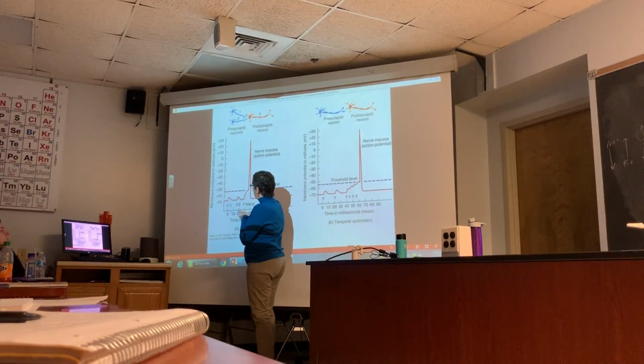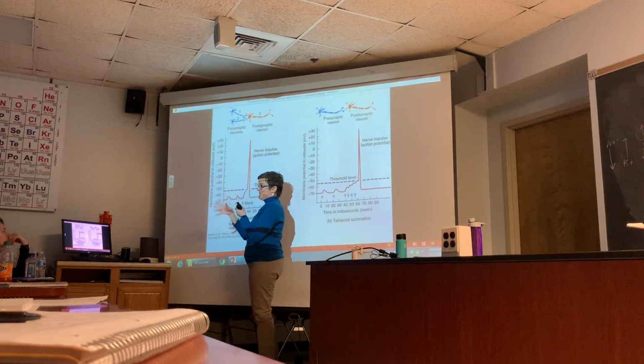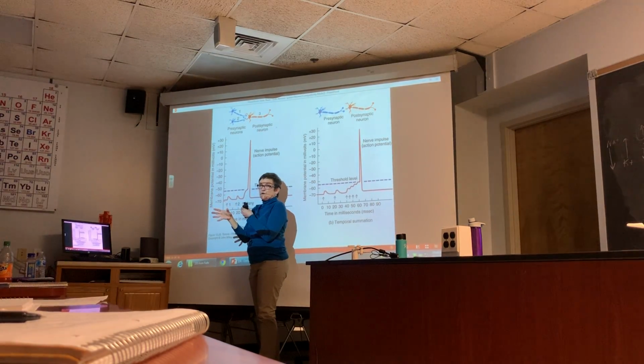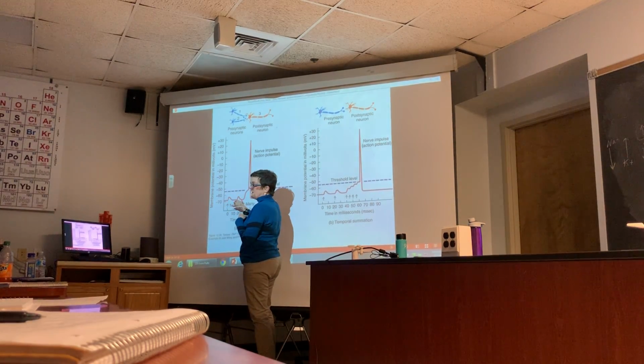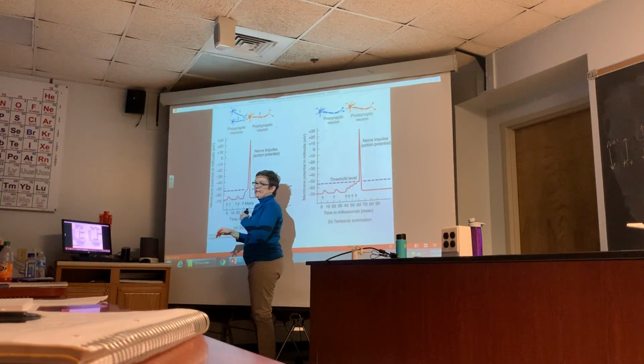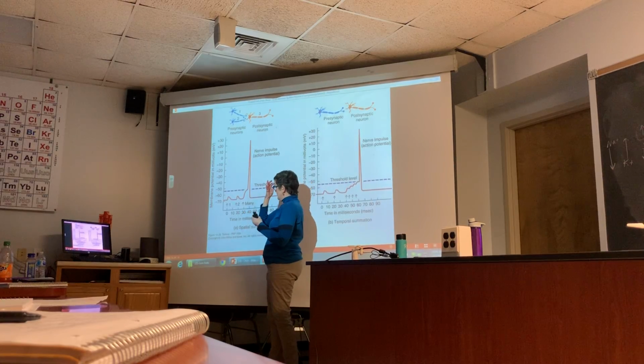And then a few milliseconds later, neuron number 2 releases some excitatory neurotransmitter that opens up ligand-gated channels and positive ions flow in, but you only get a little blip. Again, it's subthreshold. So individually, you're not getting enough stimulation of that postsynaptic cell to get an action potential.